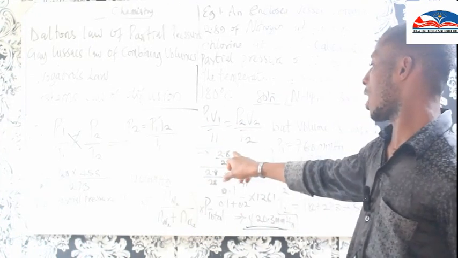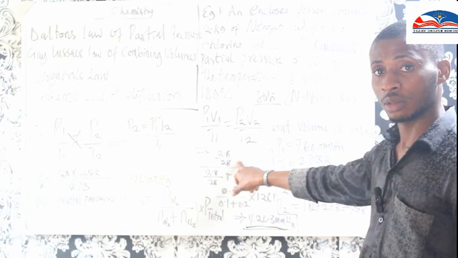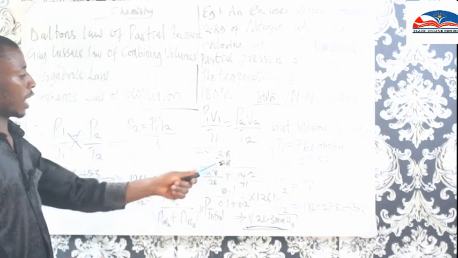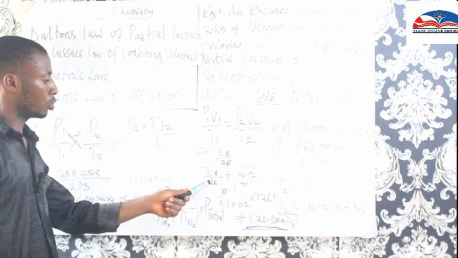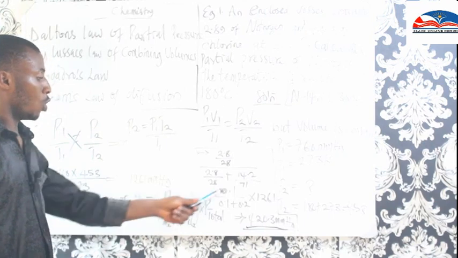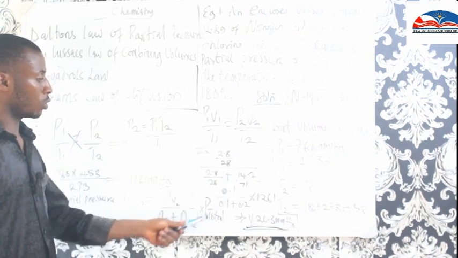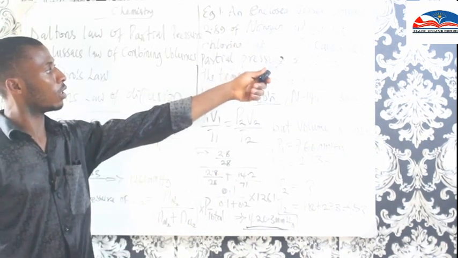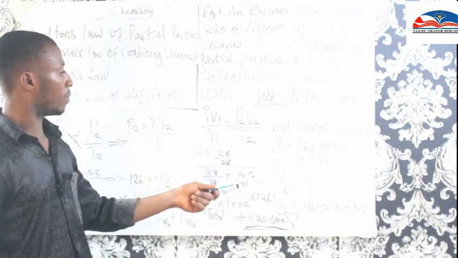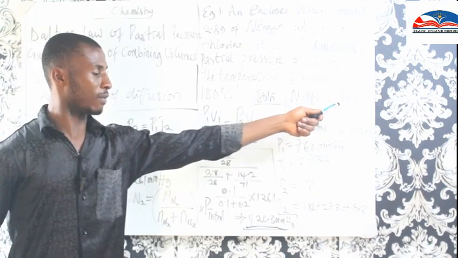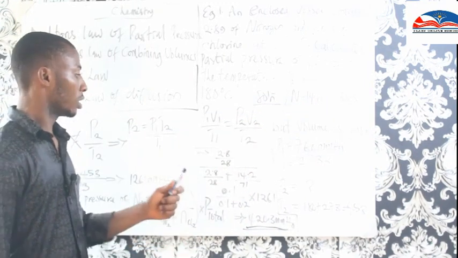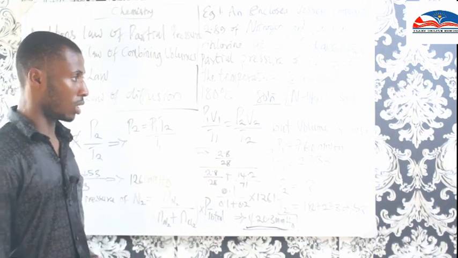If you check up here, you have 2.8 over 28 for the number of moles of N2, plus the number of moles of chlorine, which is 14.2 divided by 35.5 times 2, which is 71. Chlorine is Cl2, that's chlorine gas.